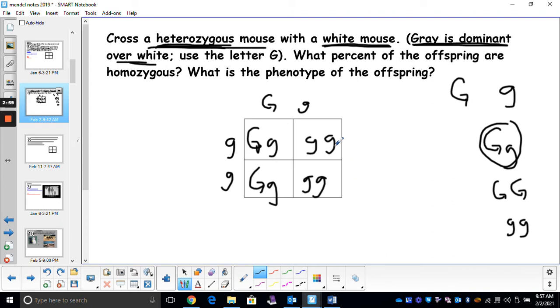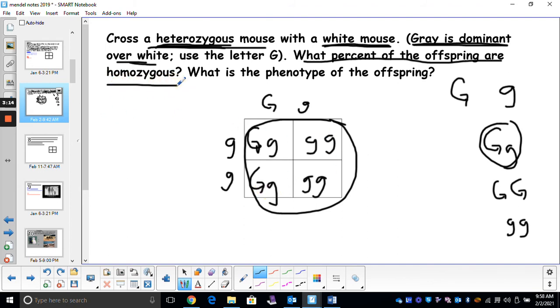Now, we got to kind of break this down. So these are the different genotypes. Remember, genetic makeup. Those are our genotypes. So it says what percent of the offspring, the babies, are homozygous. Homo means same. So of these offspring, how many are homozygous?